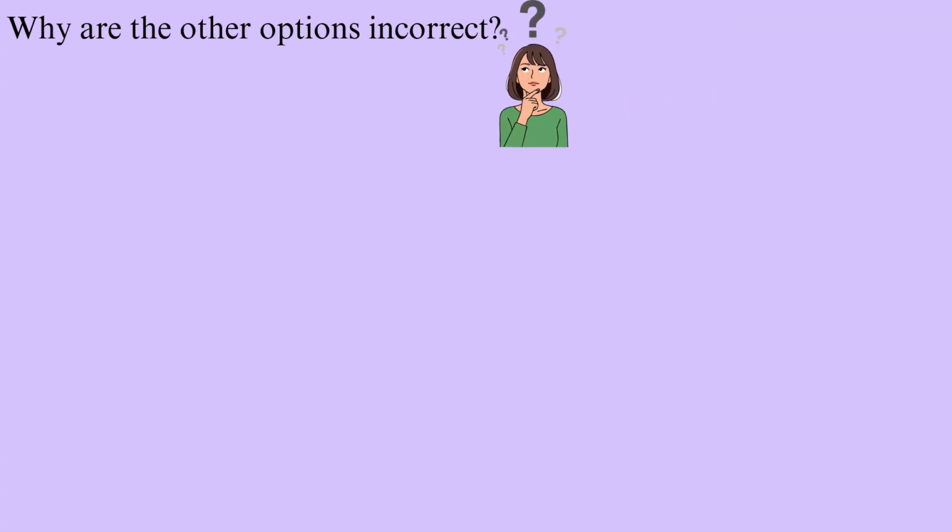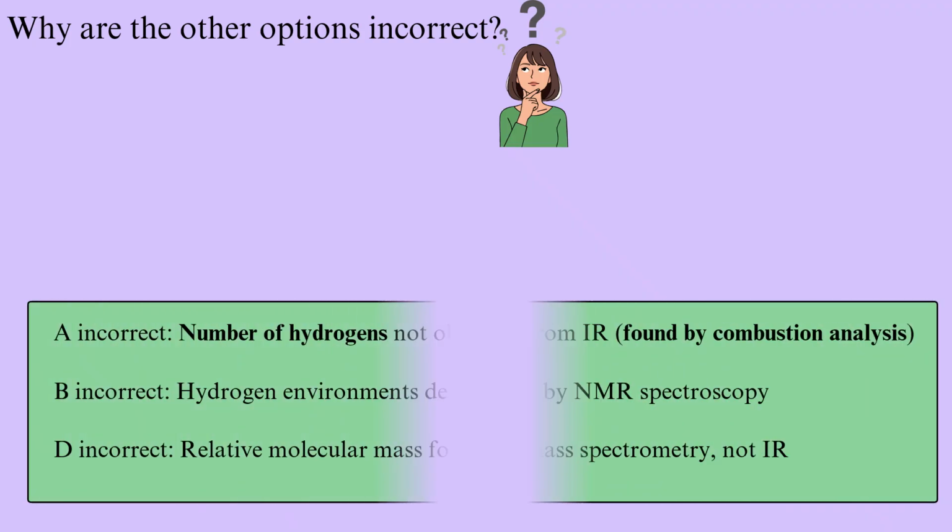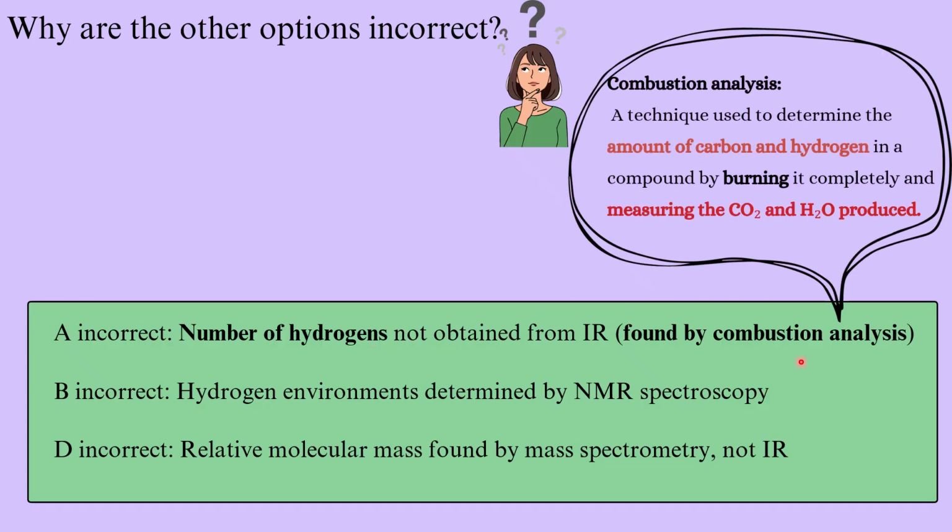Now let us understand why the other options were incorrect. Option A was given as the number of hydrogens. We do not use the IR spectrum to determine the number of hydrogens. Instead, we use combustion analysis. What do we mean by combustion analysis?